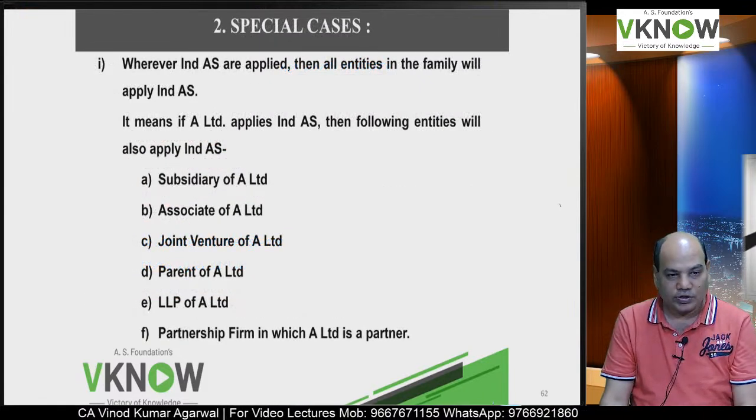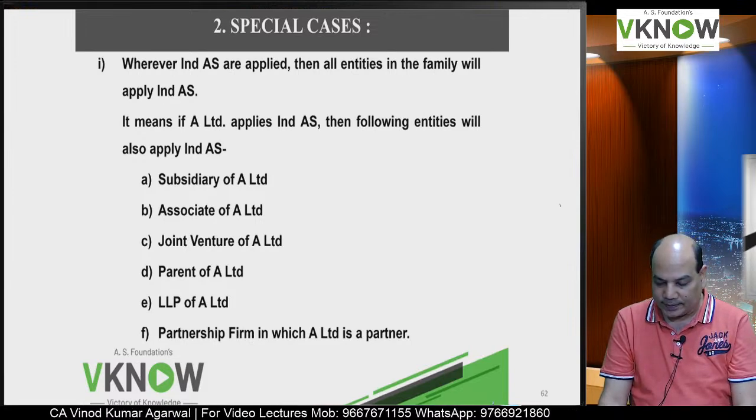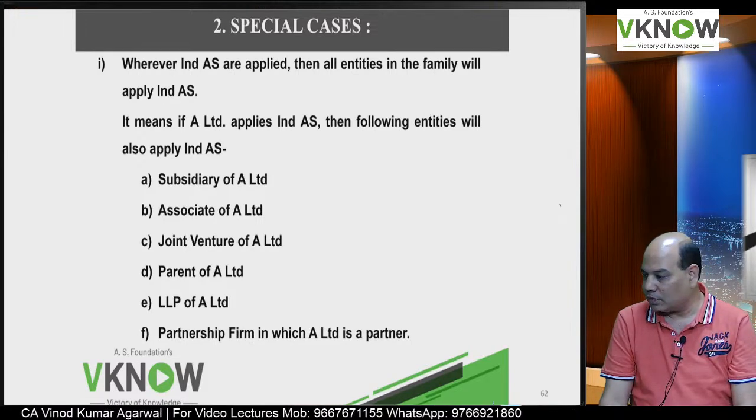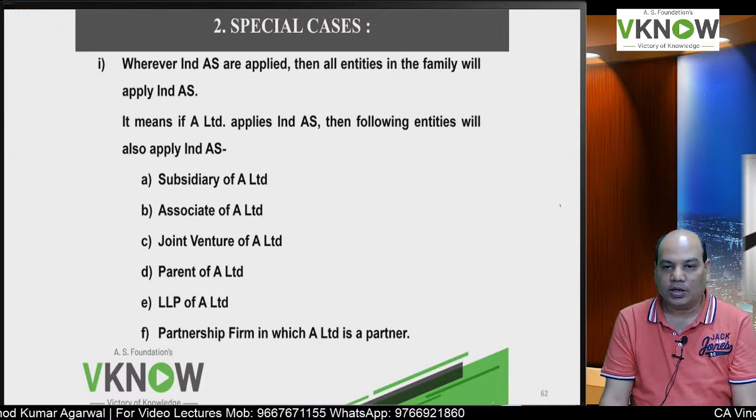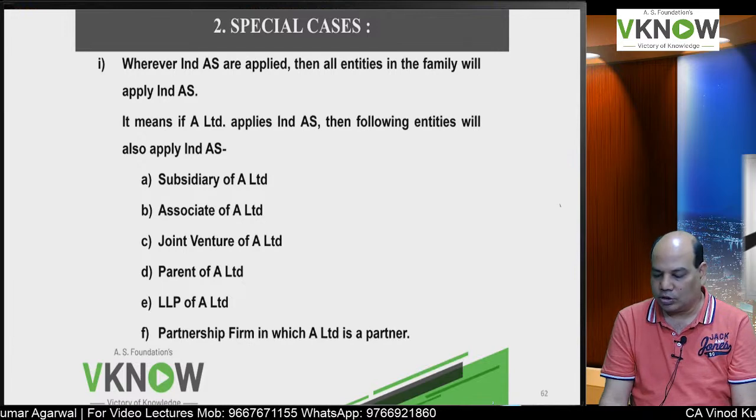Now come to the next line, special cases. Wherever Ind AS is applied, then all entities in the family will apply Ind AS. The logic is consolidation will become easier.